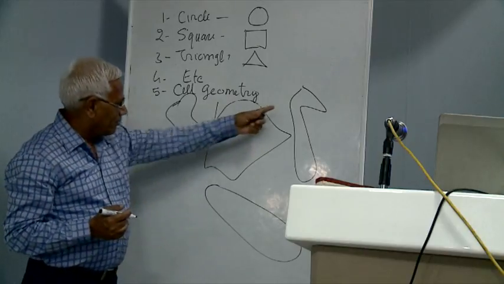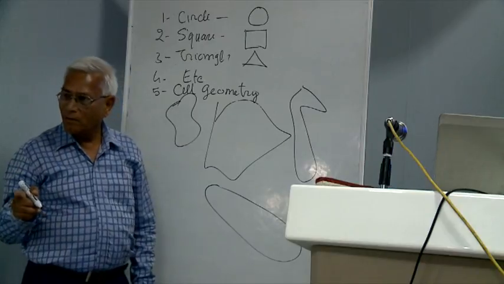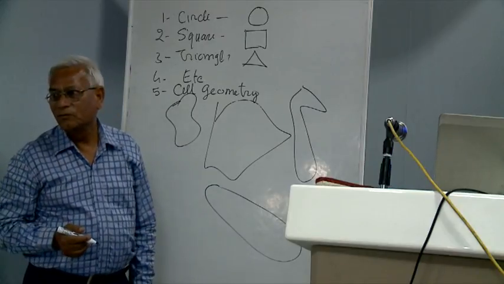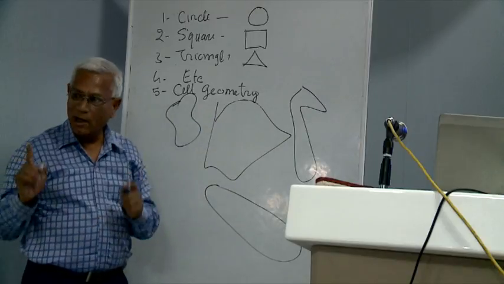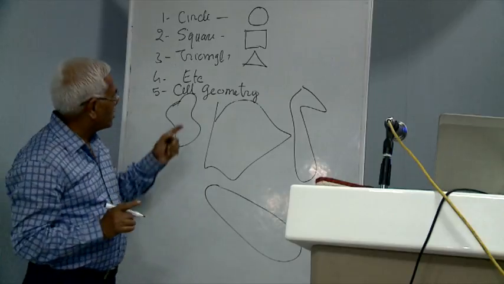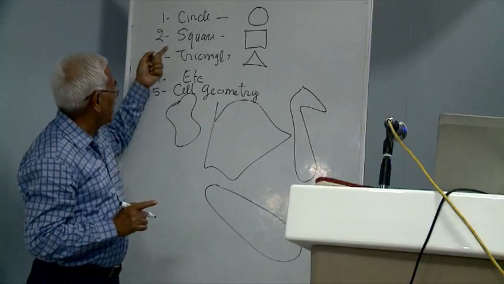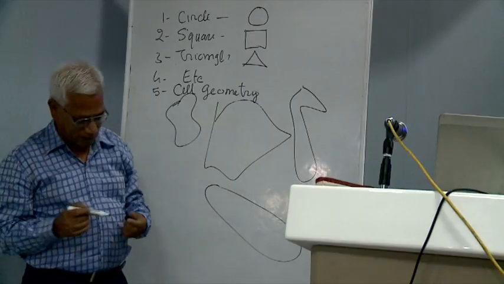But these types of enclosed areas, though they are cells, don't have any geometry. So they cannot be defined as a cell for wireless and mobile communication. Though they are cells, our emphasis will be mainly on the circle, square, triangle, and if anything else is available, we'll discuss it.